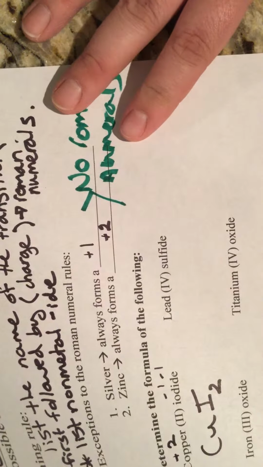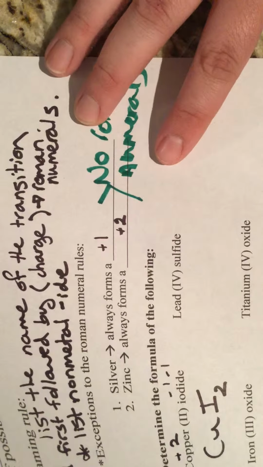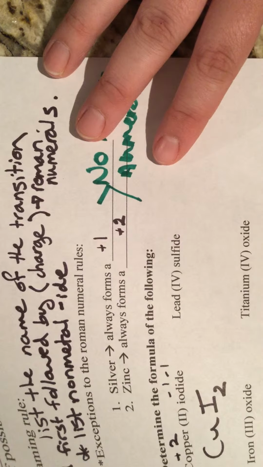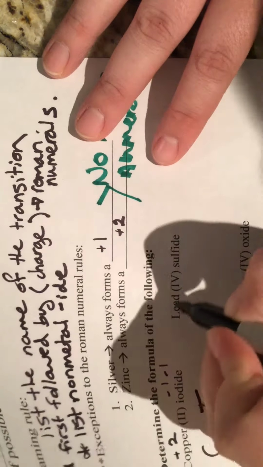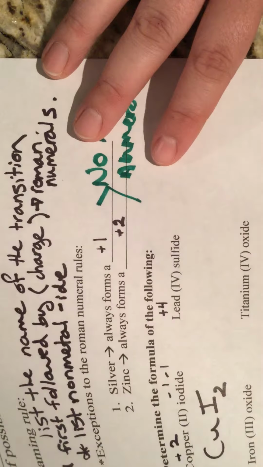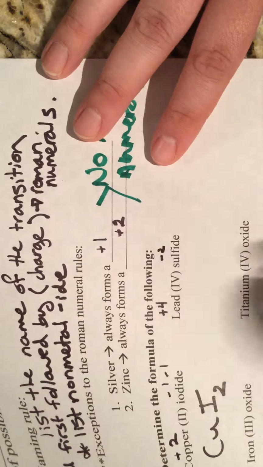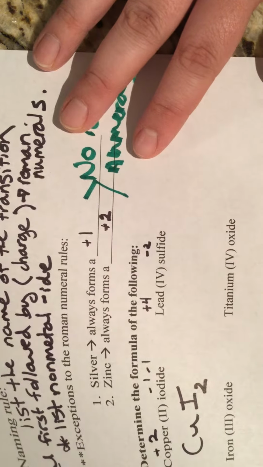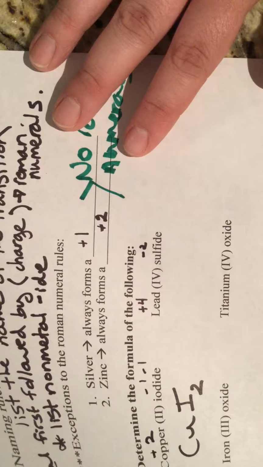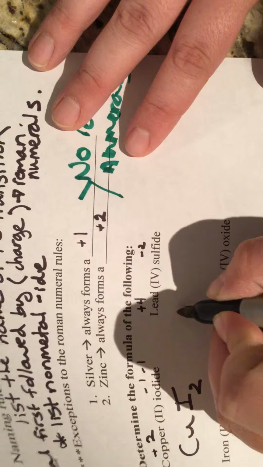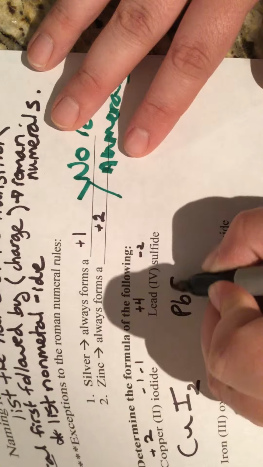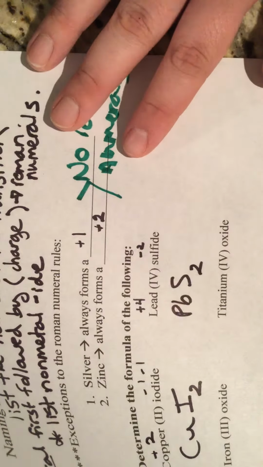Next one, lead(IV) sulfide. Again, the Roman numeral is the charge. It's not the number, it's the charge. Lead is a +4. Sulfur is a -2. Common number is a 4, so we're going to get PbS2.